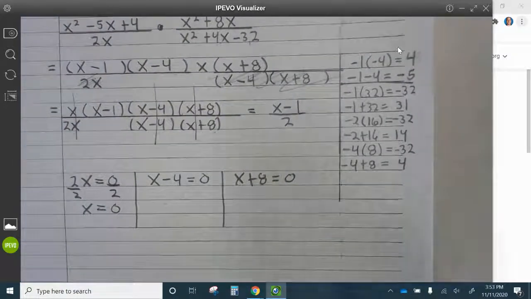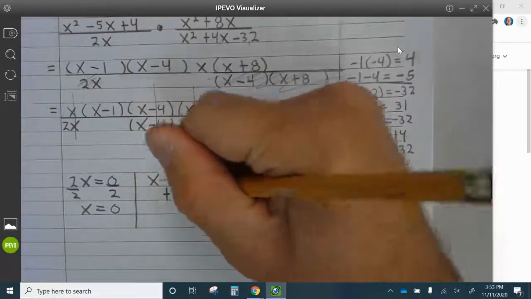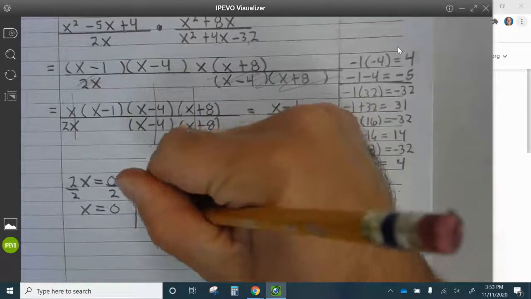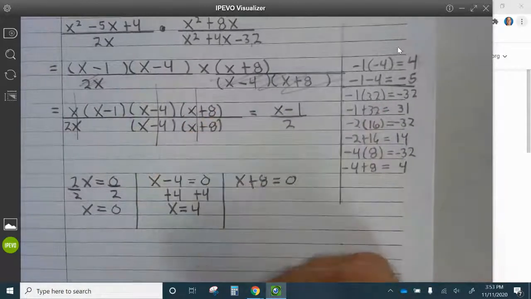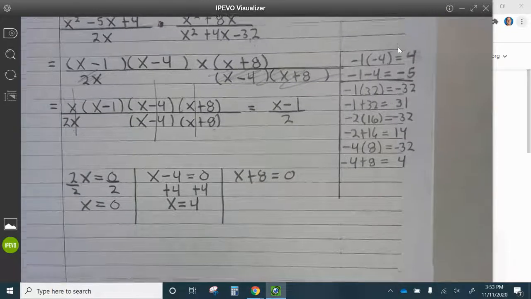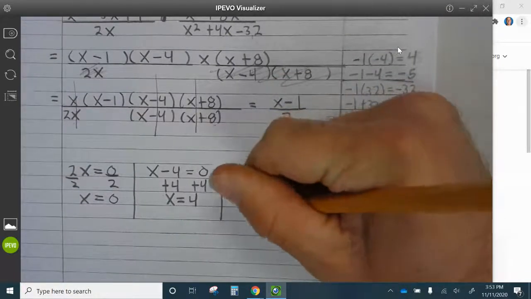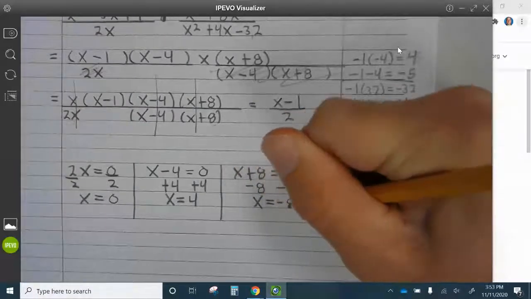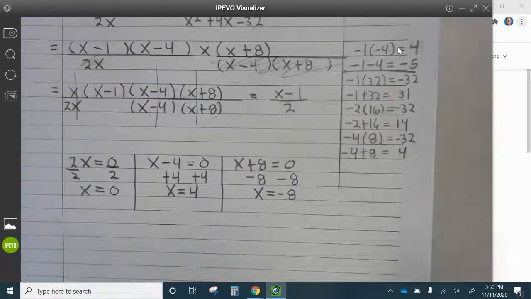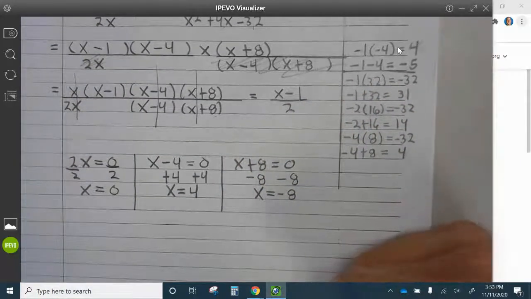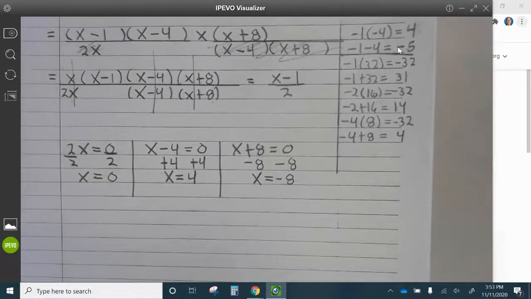Okay? Add 4 to both sides. X equals 4. Okay? And then subtract 8 from both sides. X equals negative 8. Okay? So our excluded values are 0, 4, negative 8.